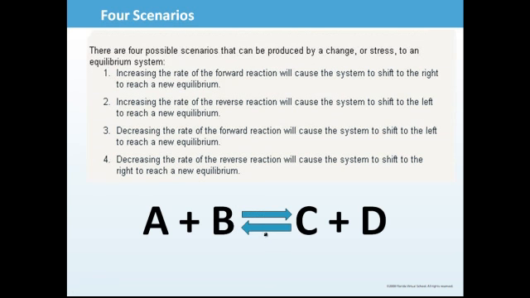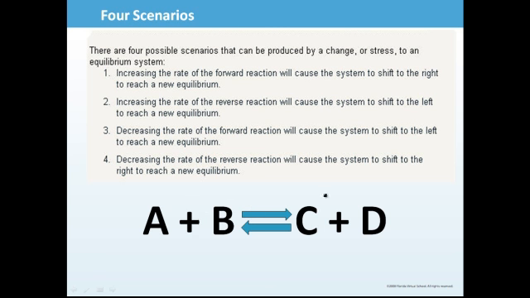Alright, now before we look at each of those individually, we do want to mention the possible scenarios. Okay, the first scenario says we could increase the forward reaction. So if you look down here at the bottom, we've got the generic formula, A plus B yielding C and D, and then of course it's reversible, so that's why we have the double arrows.